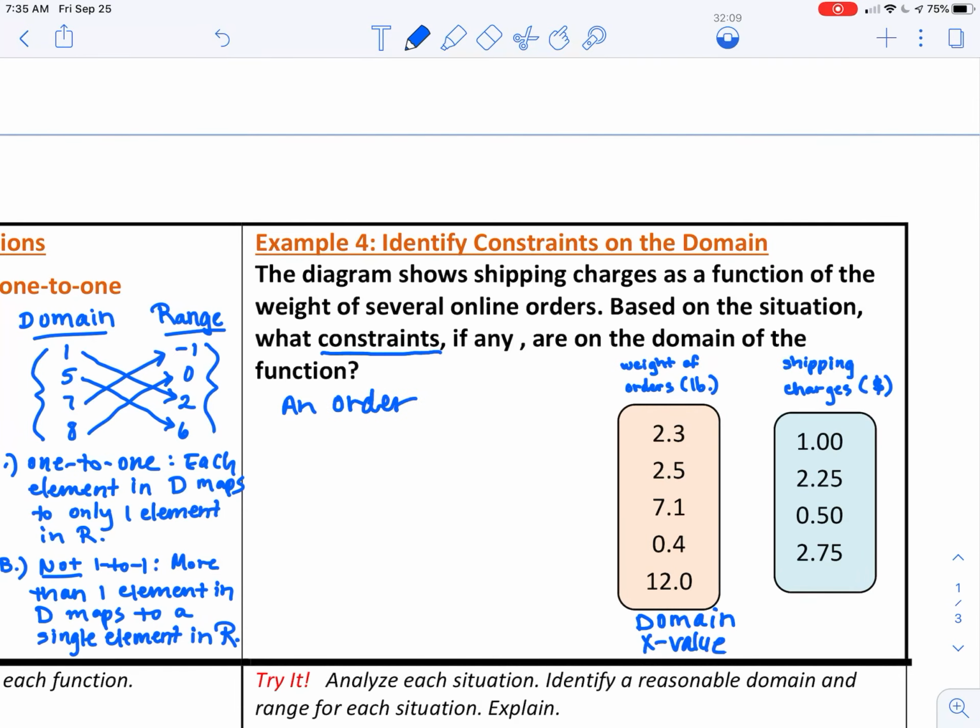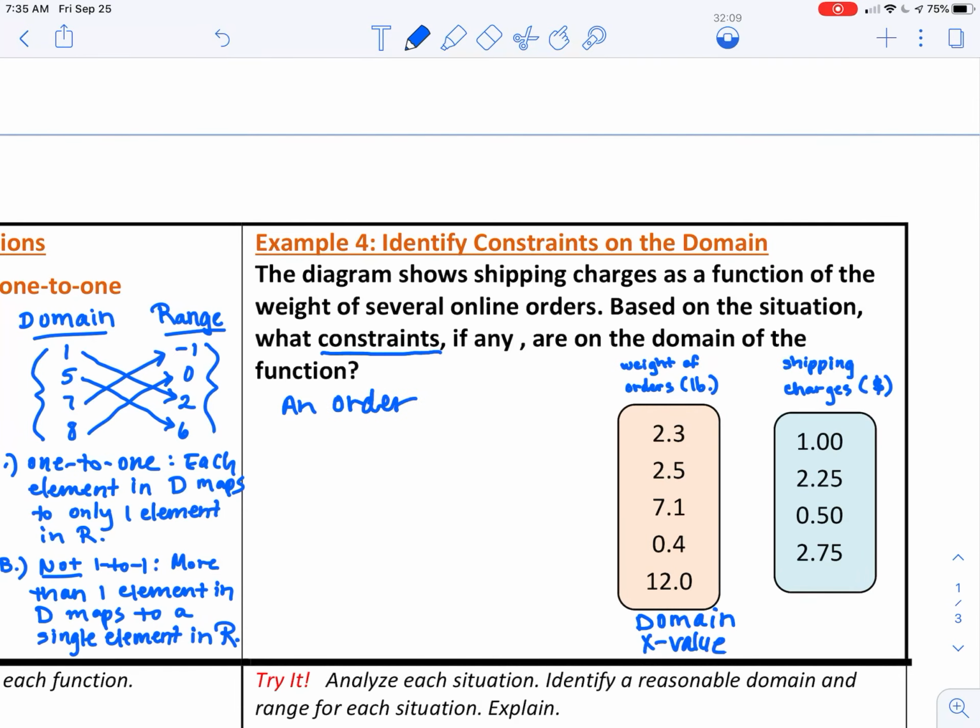Therefore, the domain of this function that we're talking about over here is confined or limited to values greater than 0. Okay? So sometimes you're going to be asked, well, what can the domain be in this situation?